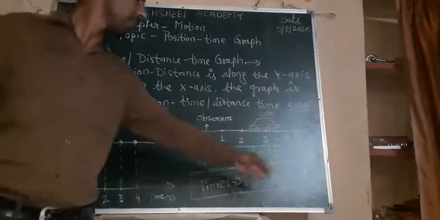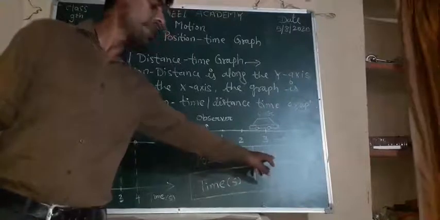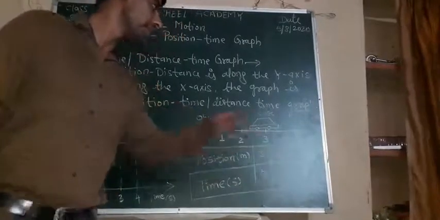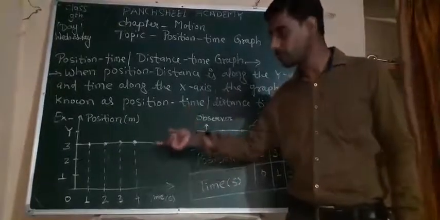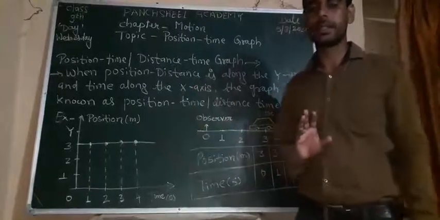Let's see from the table. 0 to 3; if time is 1 second, then position is same. If time is increased to 2 second, then position is also same. Whatever the time, the position of the car is same.